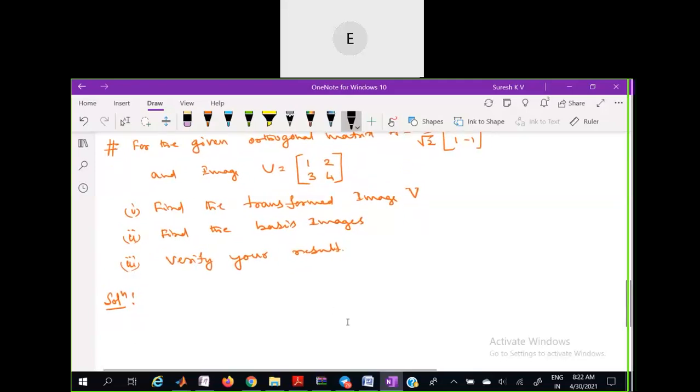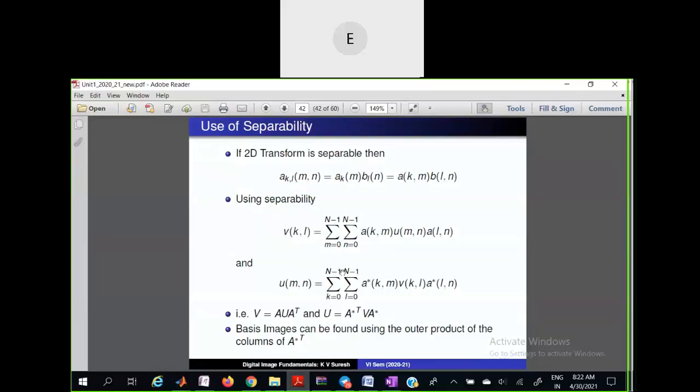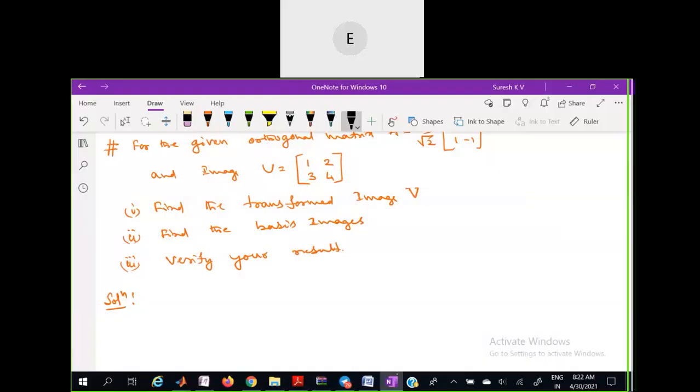So as you saw here, V can be determined by using the formula A into U into A transpose. Okay, so let us use this and solve it. So V will be equal to A into U into A transpose.